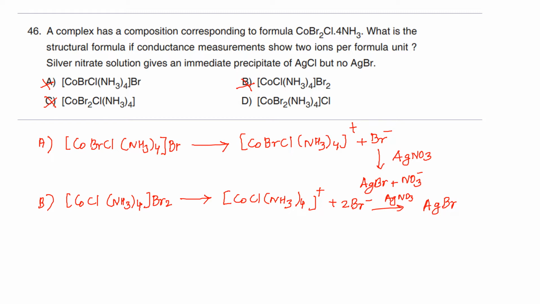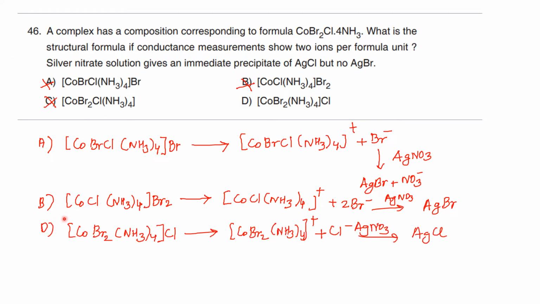Now coming to option D. The complex will be ionizing to [CoBr(NH3)4]+ and Cl minus. Therefore it satisfies the first condition that it has got 2 ions, 1 plus 1, 2. Now when it reacts with silver nitrate, it forms silver chloride. So it satisfies the second condition as well. Therefore, the correct option for this question is option D.